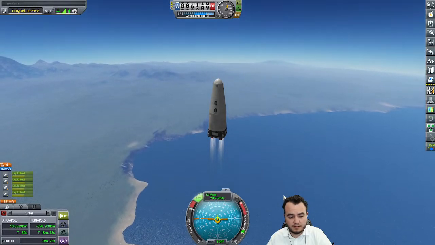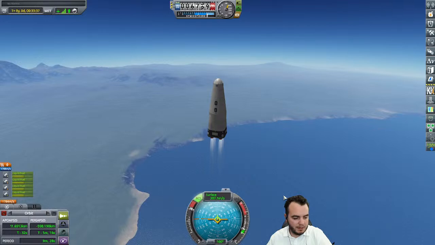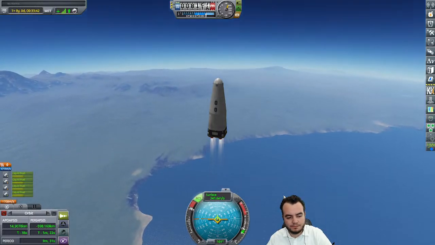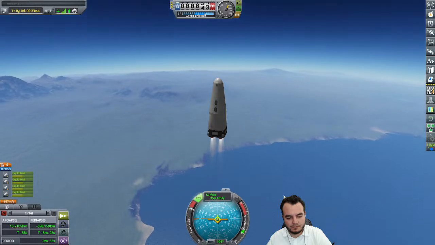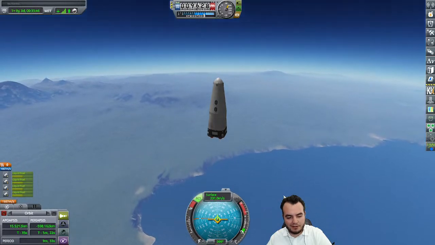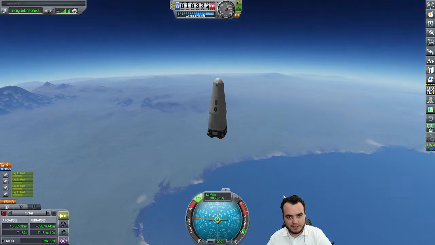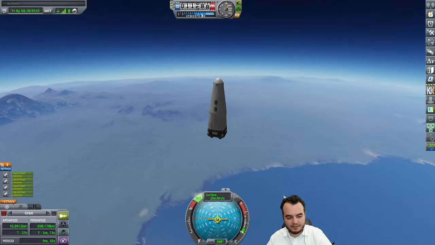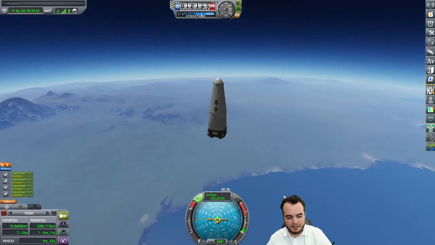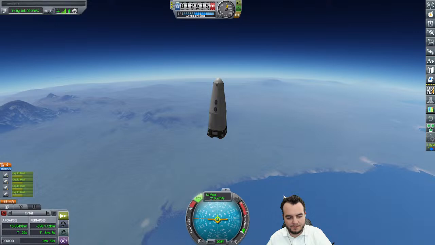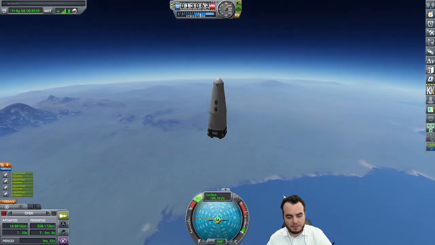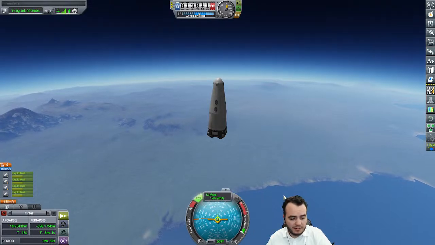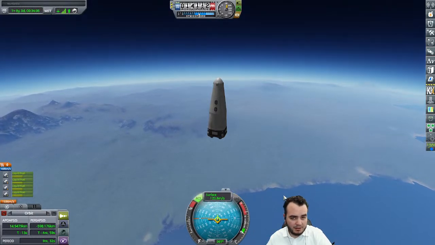There's 10, looking for 15, and we'll probably be more like 16, ideally. There we go. Let's see how, ooh, we're slowing down pretty fast though. We're gonna undercut it by a little bit. Not bad though. And I think that's because our drag, actually not too far off. I mean, only 50 meters, I'll take that.